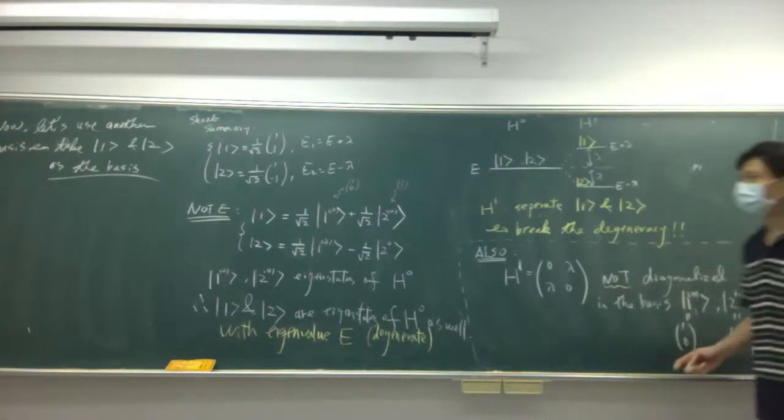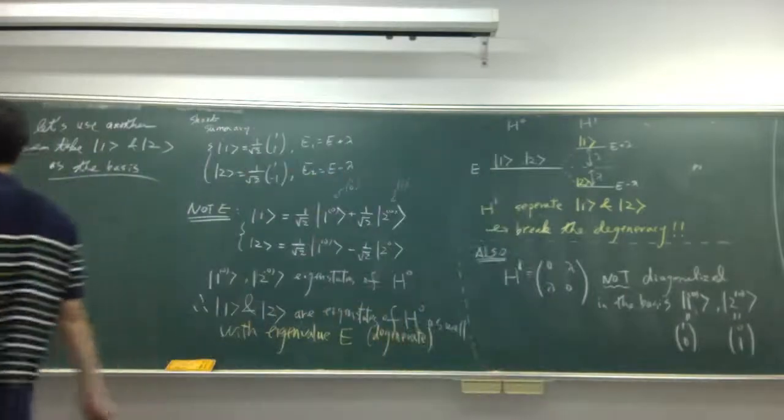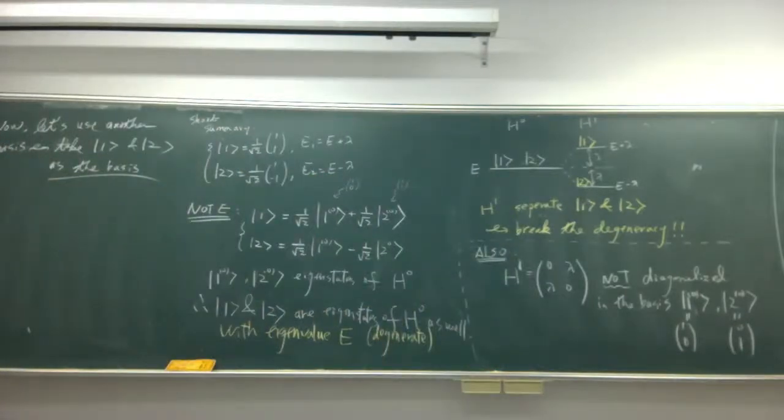But now, if instead of using |1,0> and |2,0>, I change the basis to |1> and |2>, in this case, H0 stays unchanged.